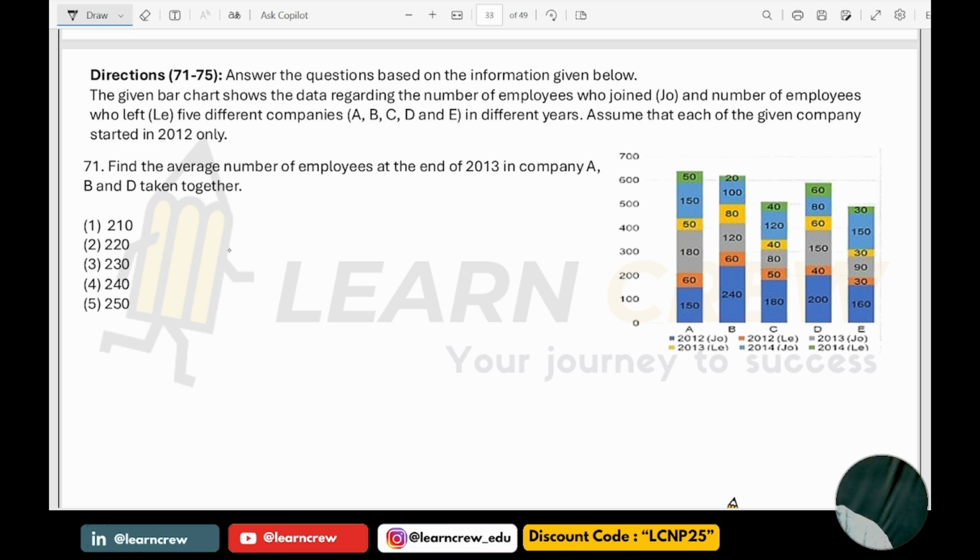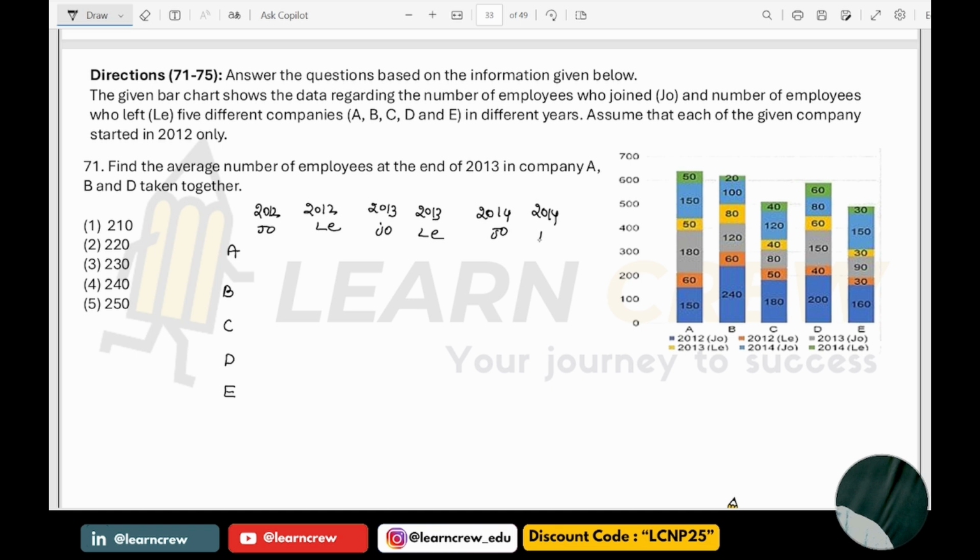So we have different companies here: A, B, C, D and E. 2012 JO, 2012 LE, 2013 JO, 2013 LE, 2014 JO, 2014 LE.